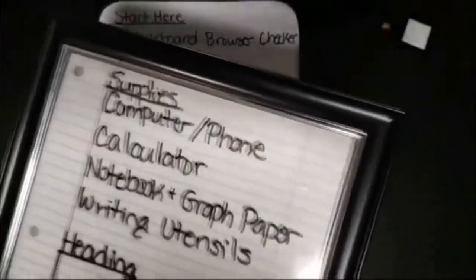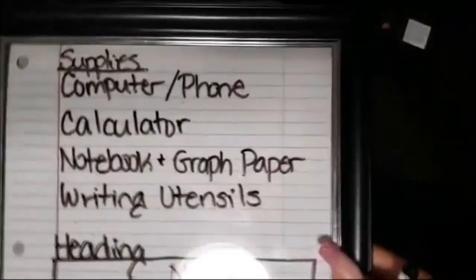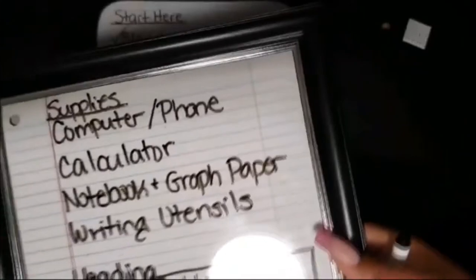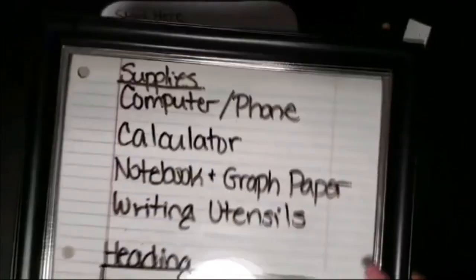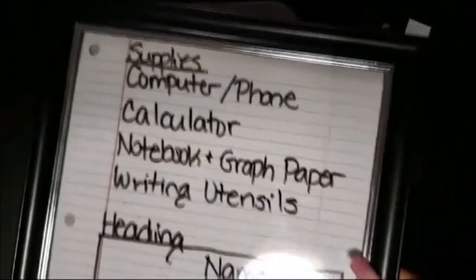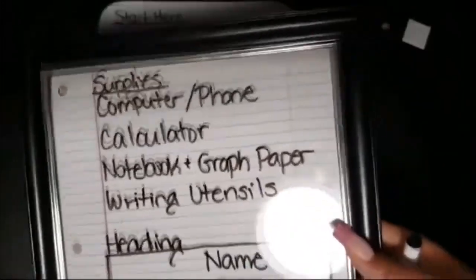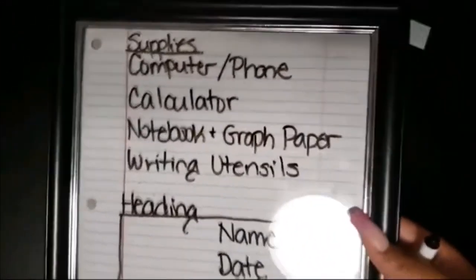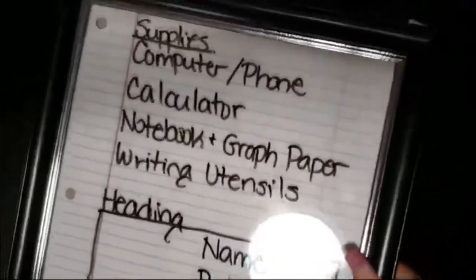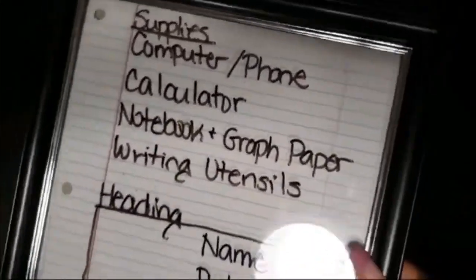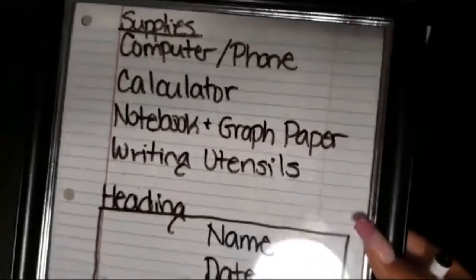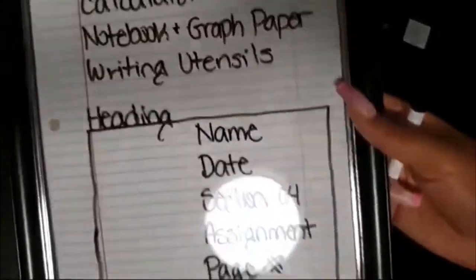Those are the basic things that you will need for this class. I do have the book on the syllabus, but that is not mandatory for you to have. But a lot of the software, like WebAssign, you will need to sign up for. I'm going to talk to you about that a little bit more.